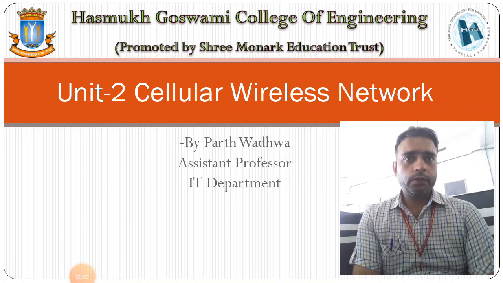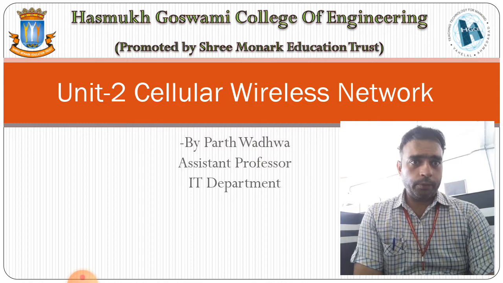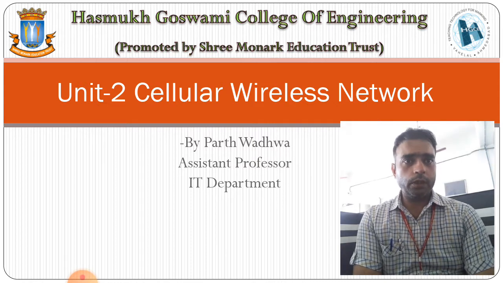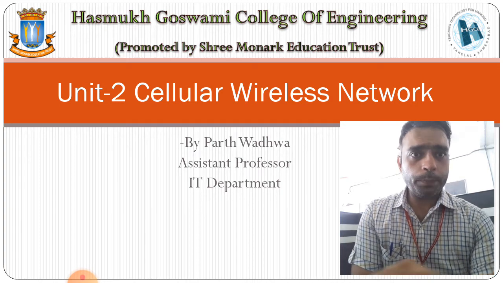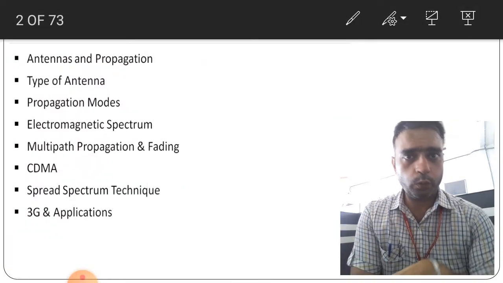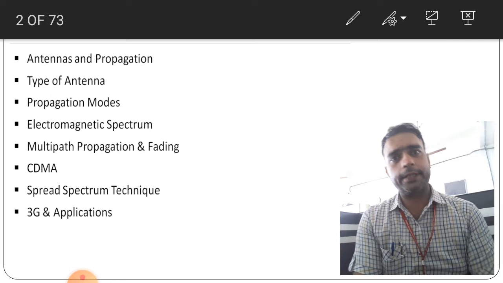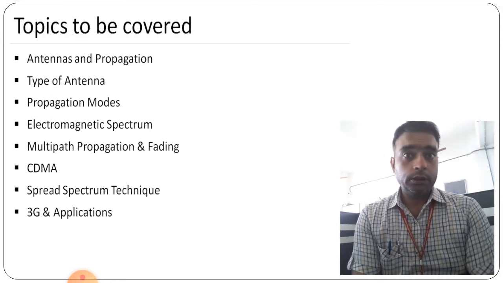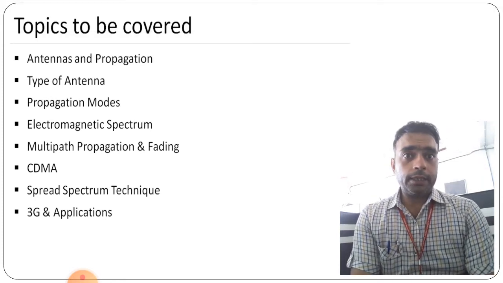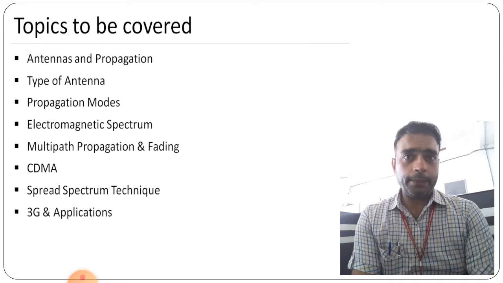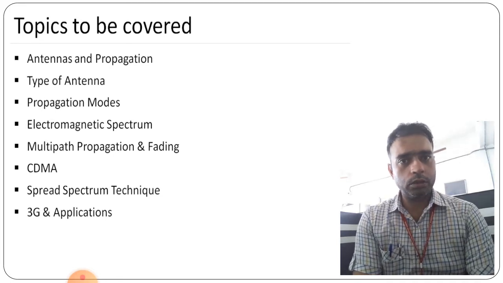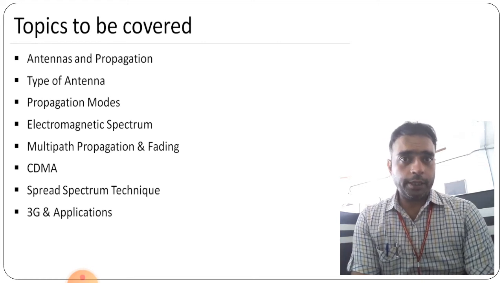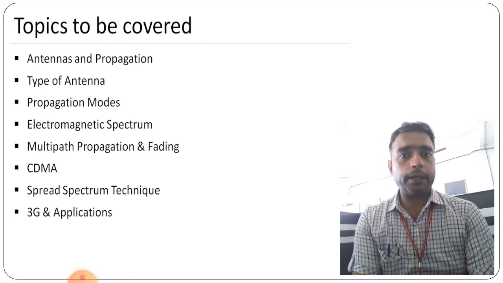Hello, all of you. Today I am going to start with cellular wireless networks, the topics of Unit 2. The topics to be covered are: first, antennas and propagation; second, types of antenna; third, the propagation modes; and then the electromagnetic spectrum.